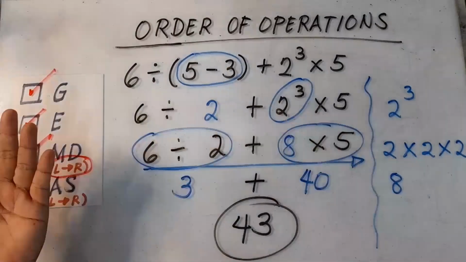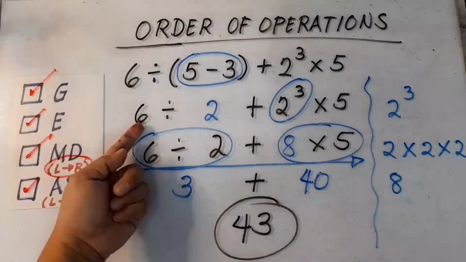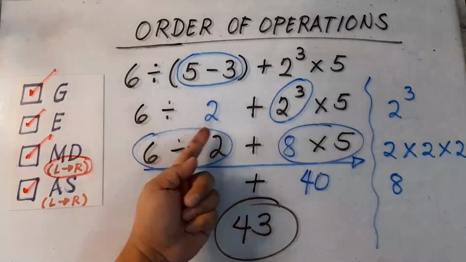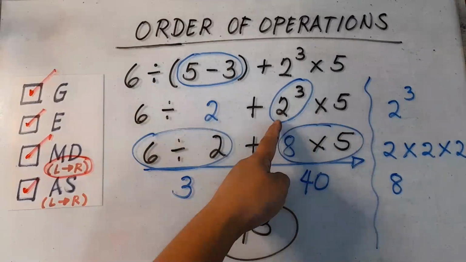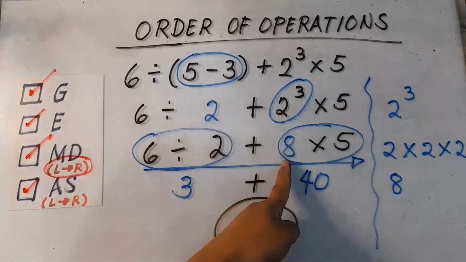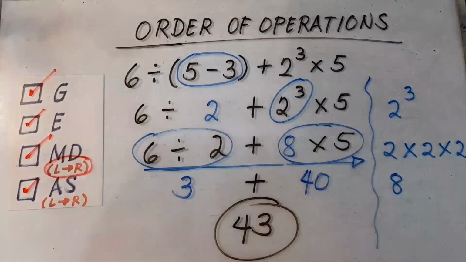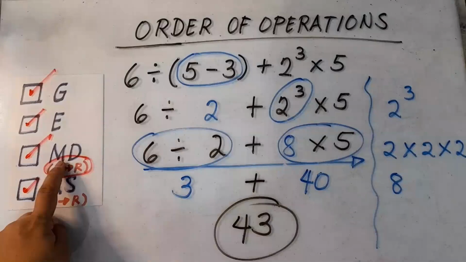Then, we go back to the order of operations. We have exponentiation. Dahil wala nang grouping symbols, we perform now exponentiation. And 2 raised to 3 becomes 8. Dahil wala nang grouping symbol, wala ring exponentiation, we scan for the next set of operations, which is multiplication and division.